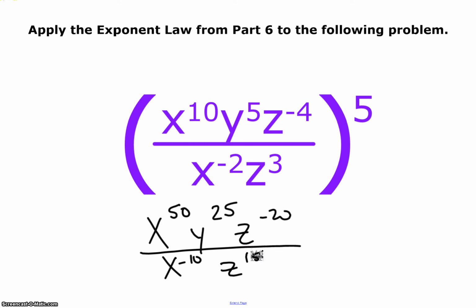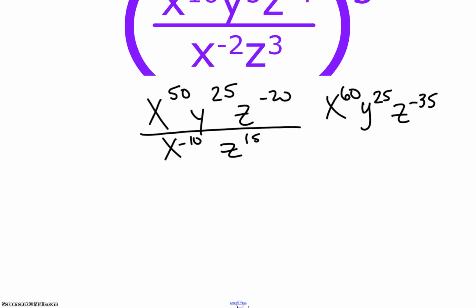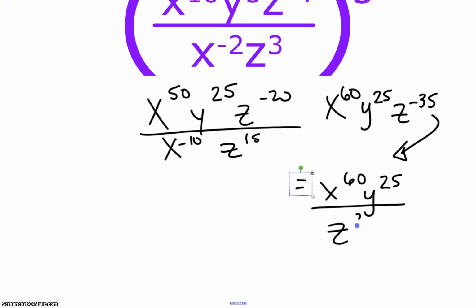Okay, so 50 minus a negative 10 would be x to the 60th, y to the 25th, z negative 20 minus 15 would be negative 35. We cannot have a negative exponent, so our answer would be x to the 60th, y to the 25th over z to the 35th. So there is your answer.